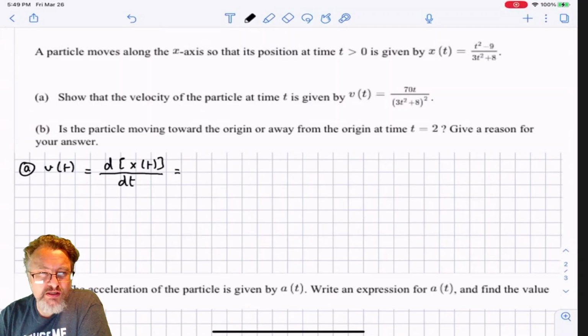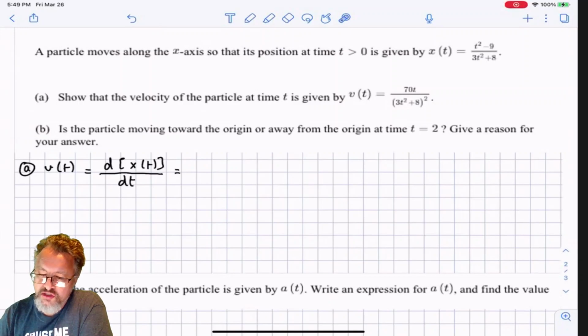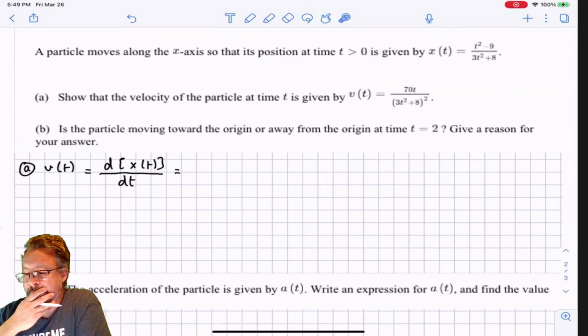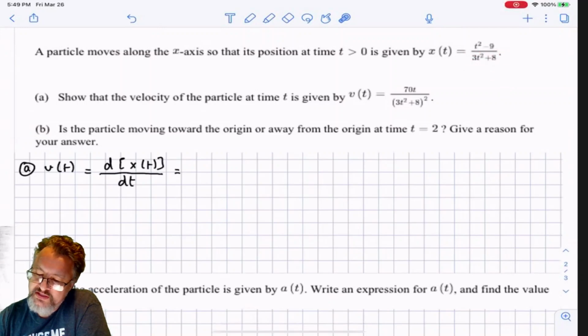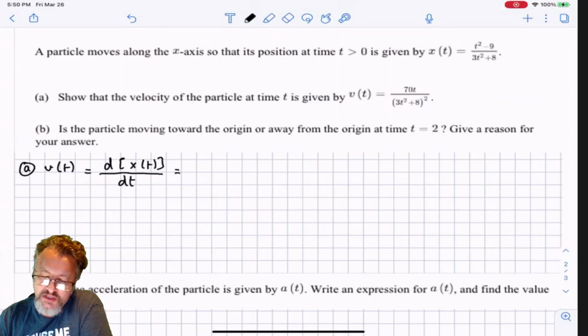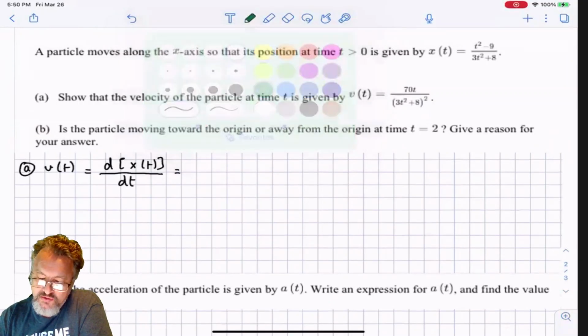We could jump into the quotient rule with this expression right here, but I think I can factor this, and it looks like I might even be able to factor this. Can I factor this? It's a square, so maybe not, and this is not a multiple of 3, so yeah, probably not. So I think I might have to use the quotient rule.